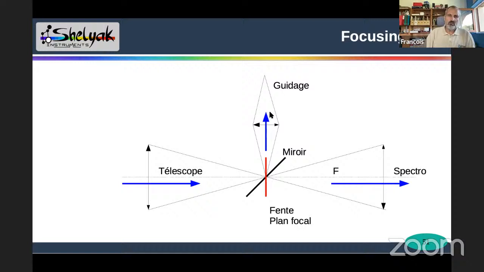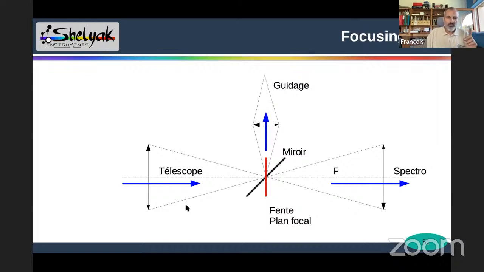Now, the most critical here is that you then have to focus the guiding camera. And to do that, you can do it during daylight, and just make sure that the slit image is very sharp in the middle of the image. So the slit must be sharp. And once you have done that, after that, you can focus your telescope in order to have sharp star images in the field, in the guiding camera.